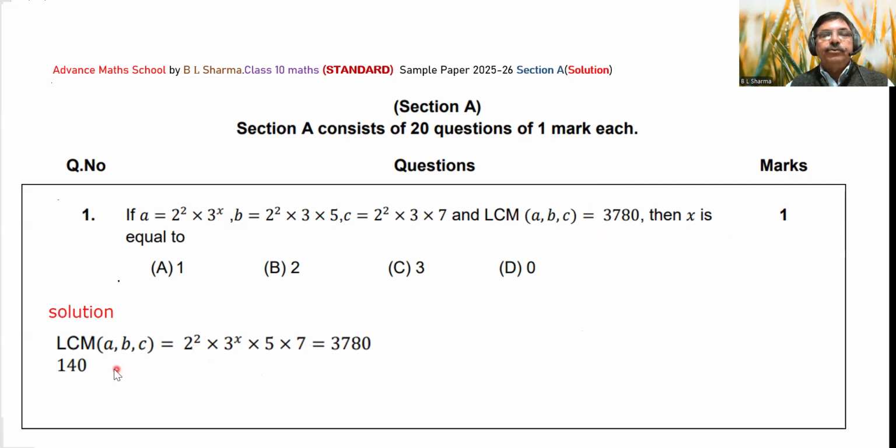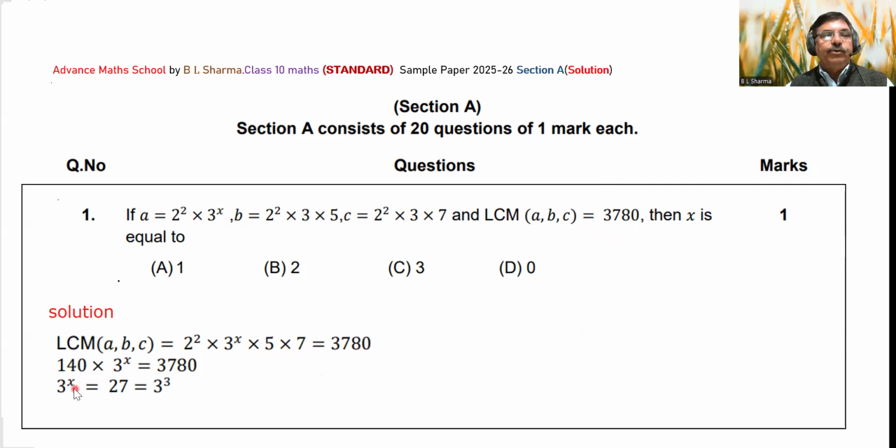2 squared times 5 times 7 is 4 times 35, which is 140, into 3 raised to the power x, that is 3780. So 3 raised to the power x is equal to 3780 upon 140, which is 27. We can write 27 as 3 raised to the power 3.